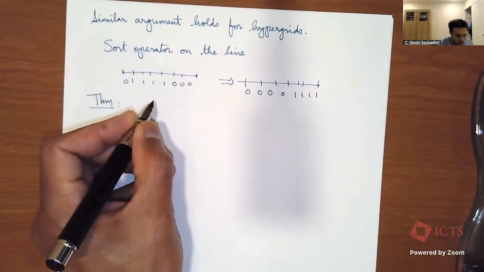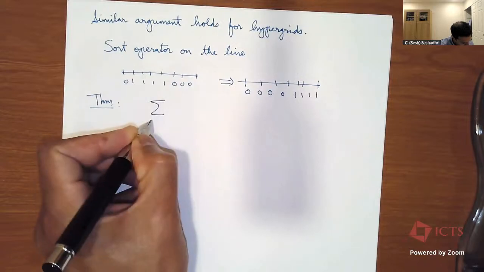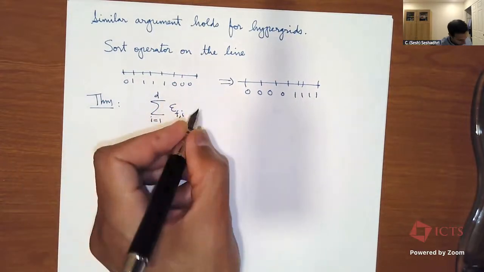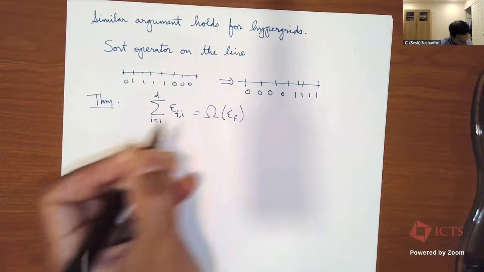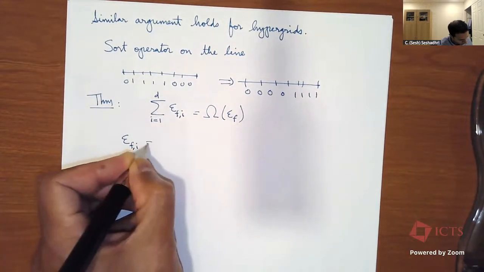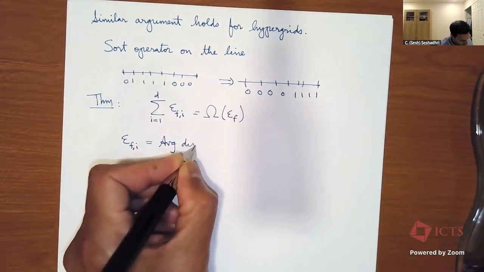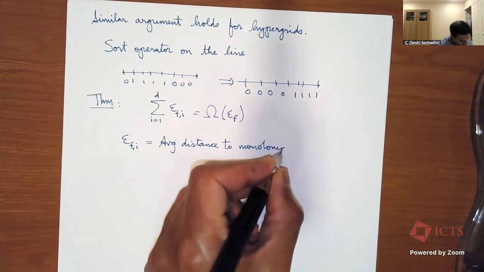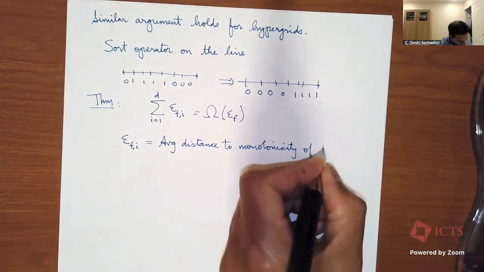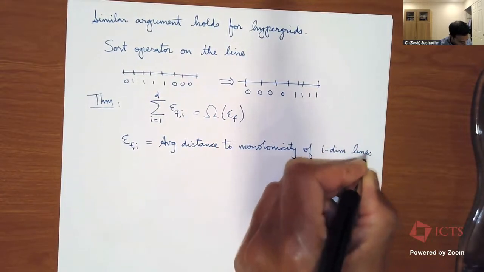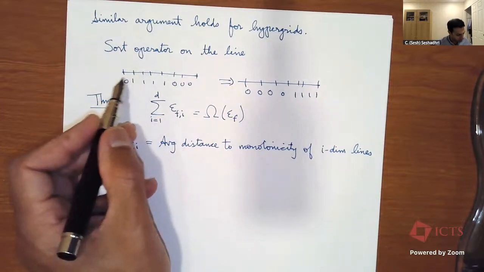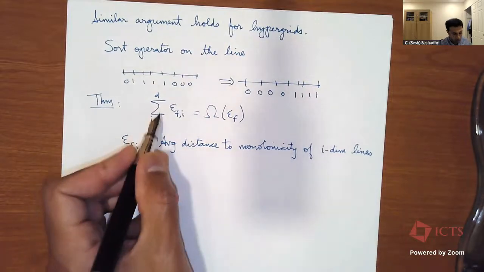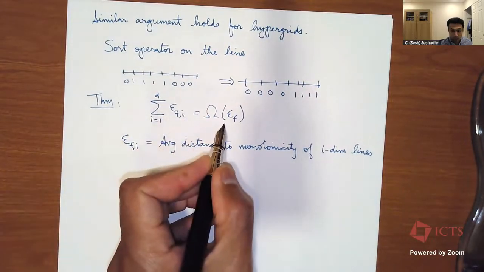I'm going to write something here: the summation i going from 1 to d of epsilon f comma i is omega epsilon f, where epsilon f comma i is the average distance to monotonicity of the i-dimensional lines. If you look at any line, you have a function, you can look at the distance to monotonicity, you look at the average distance to monotonicity of i-dimensional lines, and you sum this over all the dimensions, and then you get omega epsilon f.